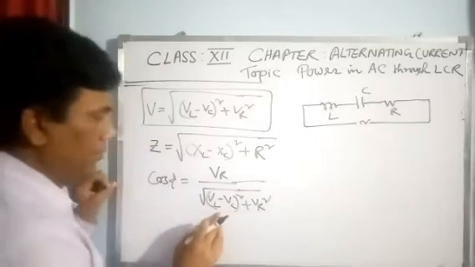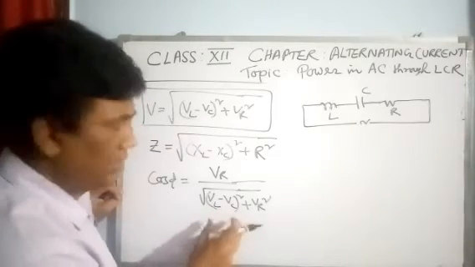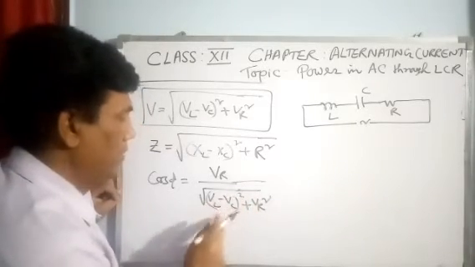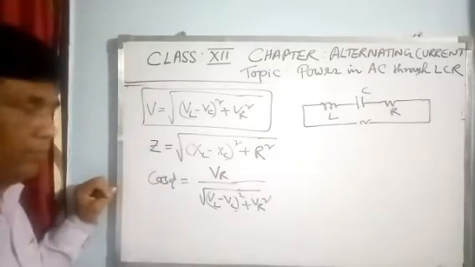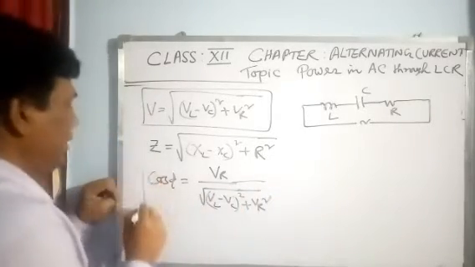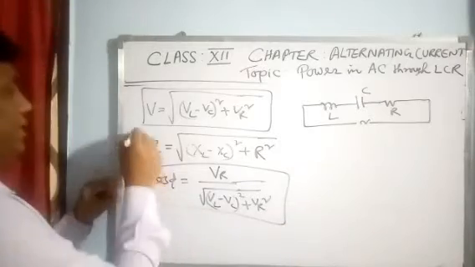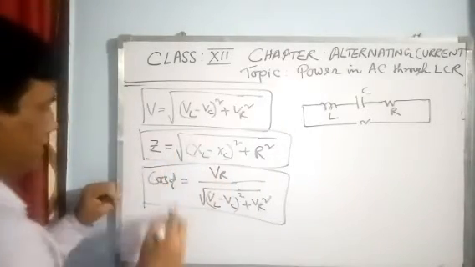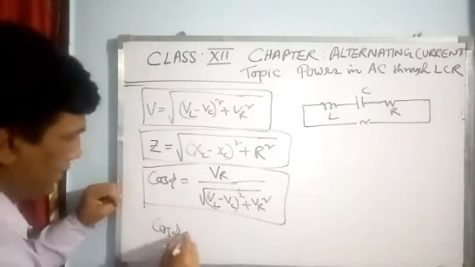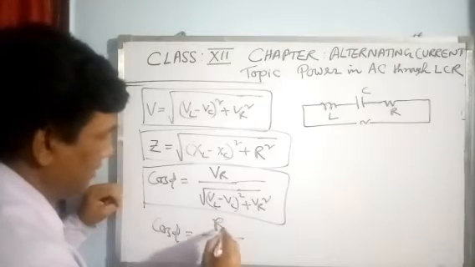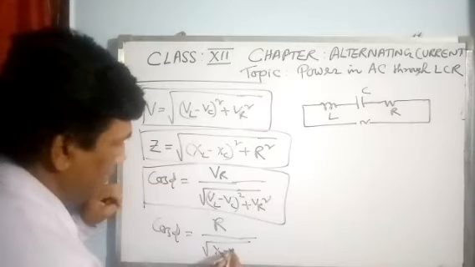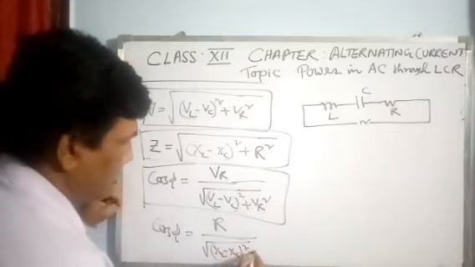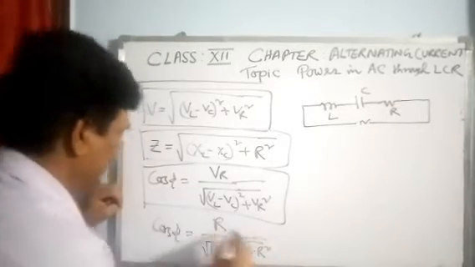Remember, while putting, you can put VC minus VL also, because it is whole square. So there will be no problem whether you write VL minus VC or VC minus VL while solving numericals. Or you can write cos phi equal to R divided by the square root of (XL minus XC) whole square plus R square. Okay, good.